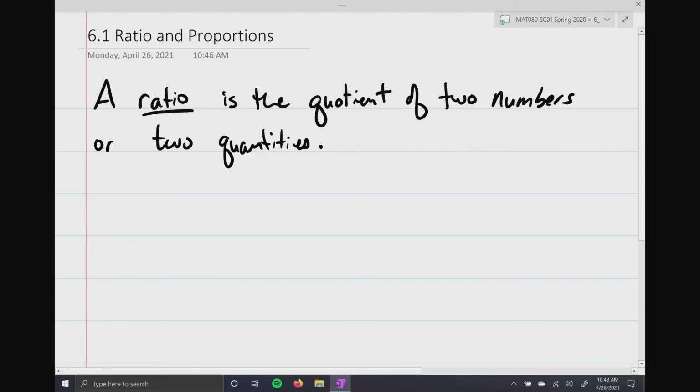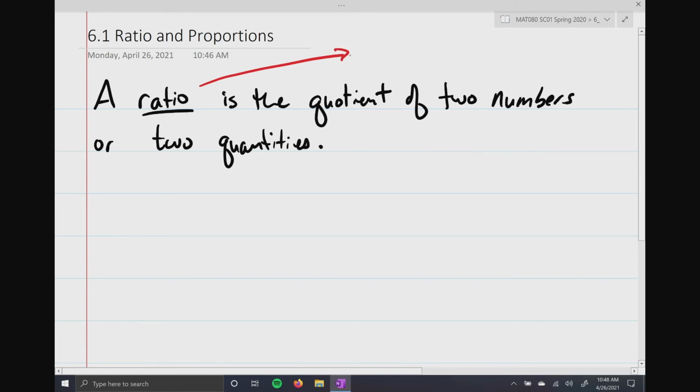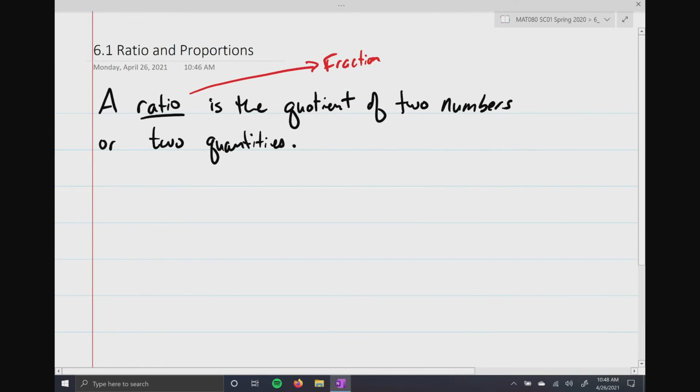Numbers are just numbers. Quantities usually have a unit associated with them. But at the end of the day, if a ratio is the quotient of two numbers, then guess what? All it is is a fraction. That's what a ratio is. It's nothing more than a fraction.